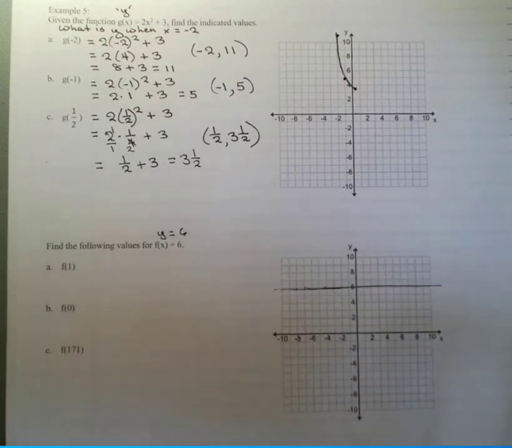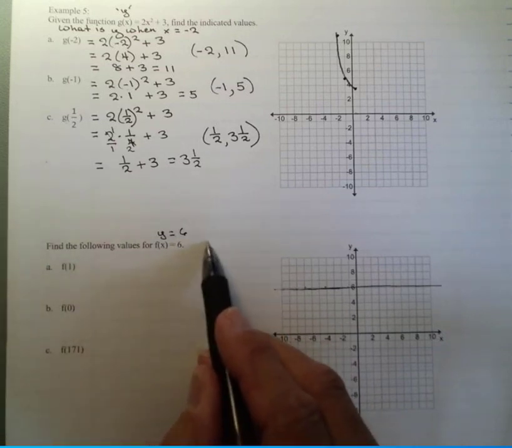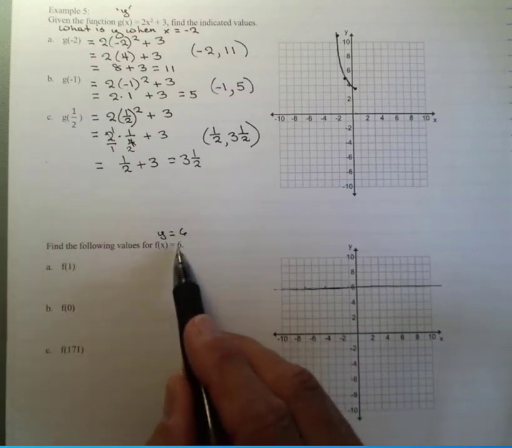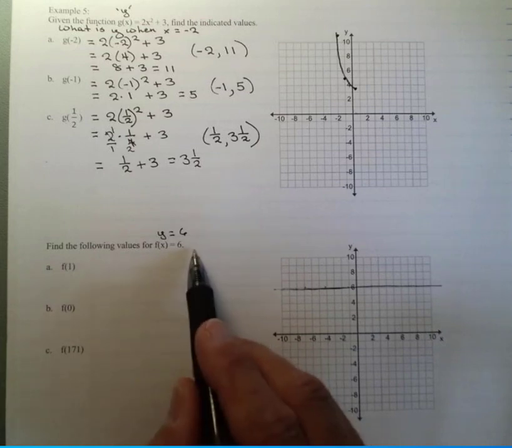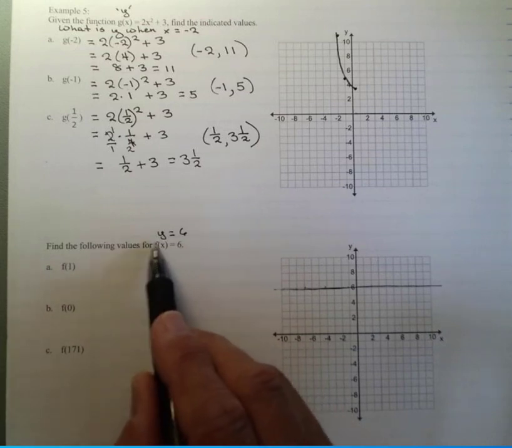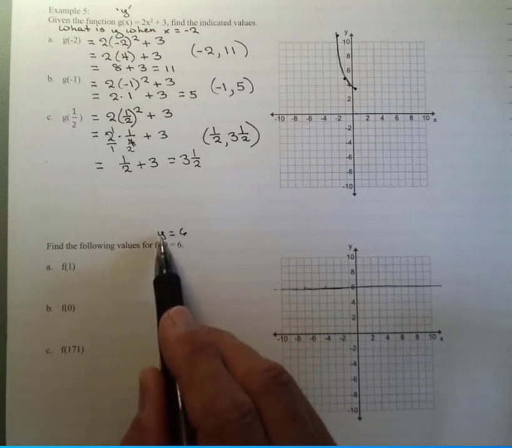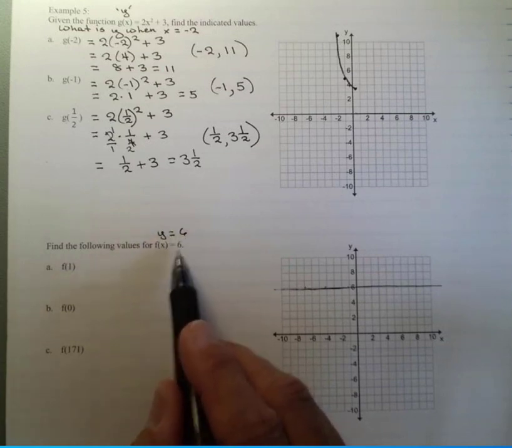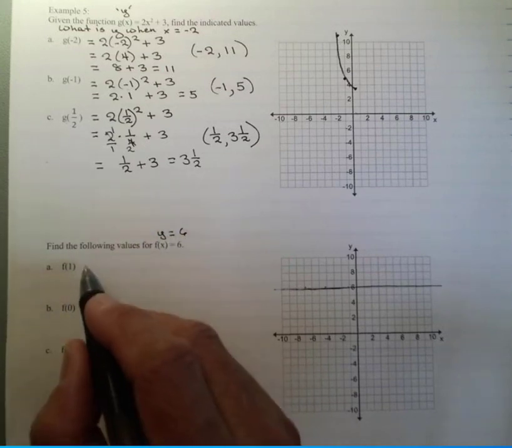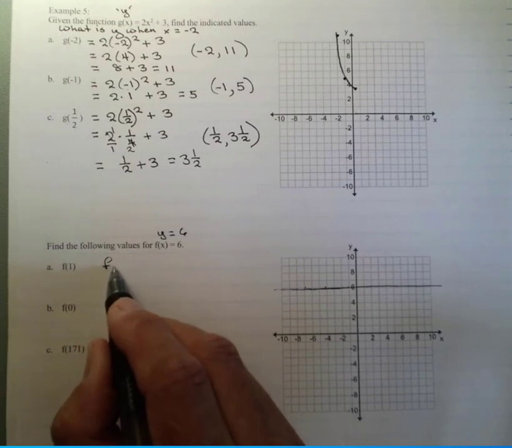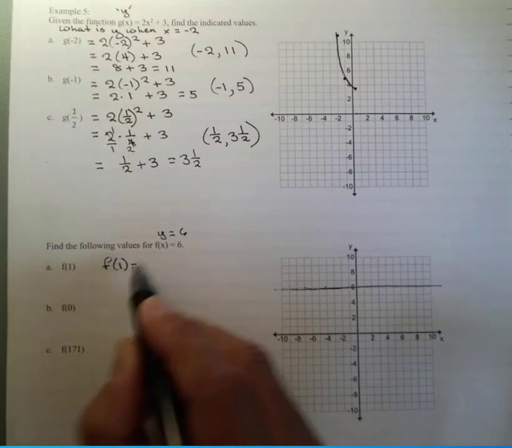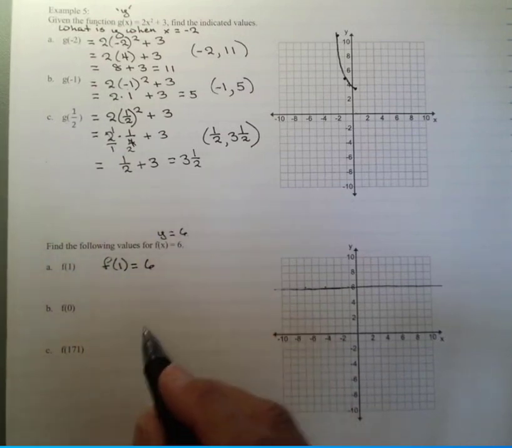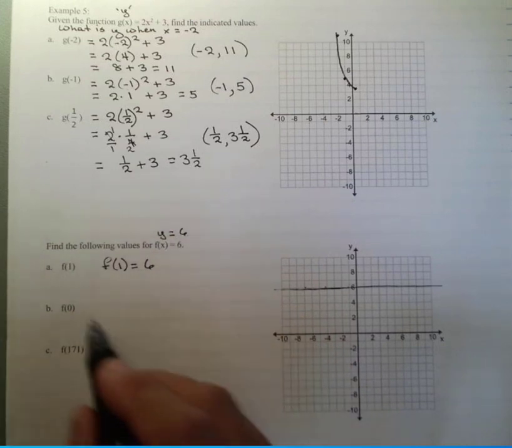That was a little bit different, because in my equation over here, my function doesn't have any unknown x's to substitute in for. F of x is what I substitute in and say y is equal to 6. So what's f of 1? Well, I have no place to substitute anything in except for the other part of the equation. It's equal to 6. F of 0, well, it's equal to 6.